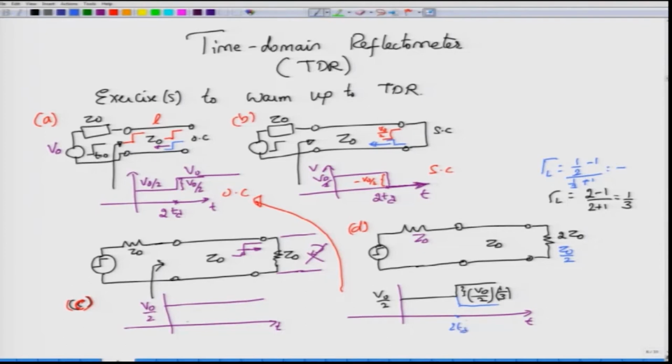Okay. So you see that if the voltage is jumping up, you can immediately claim, which will be correct, that the load resistance that we have kept will be greater than Z0. If you see the voltage jumping down, going in the other direction compared to V0 by 2, then you will say that RL is less than Z0. So you can distinguish between two cases, RL greater than Z0, RL less than Z0.